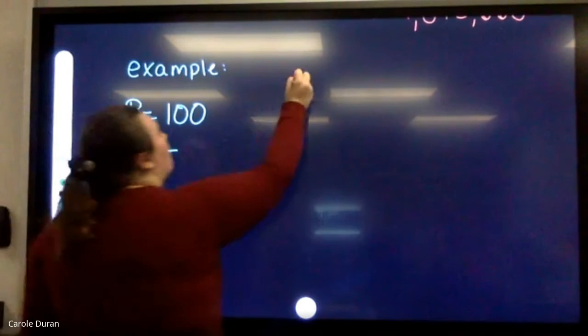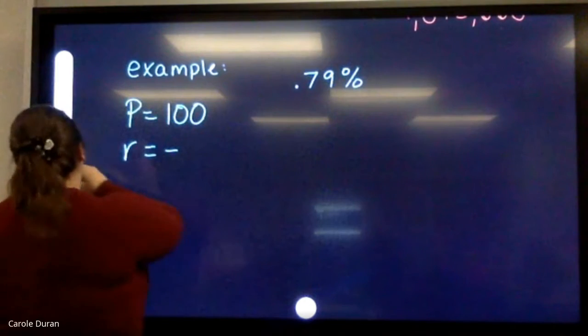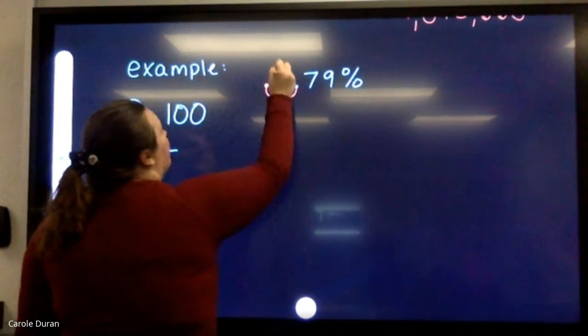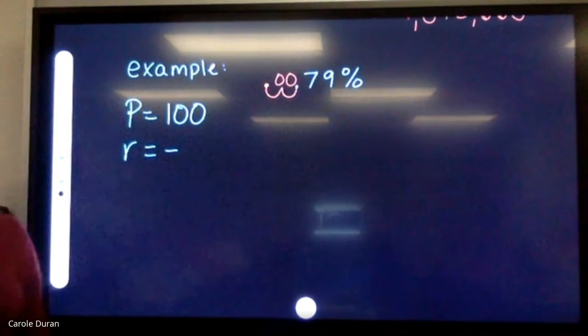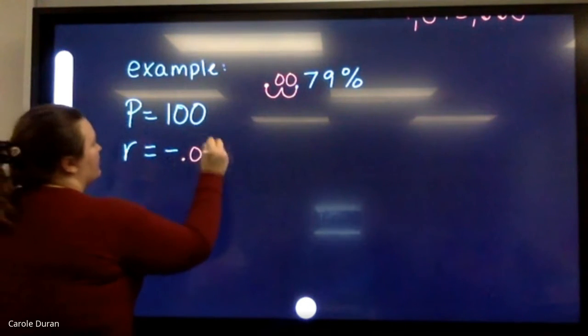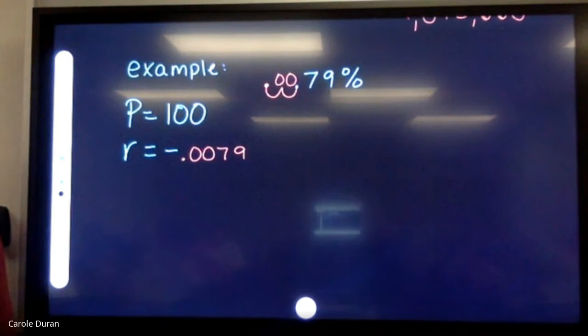So it told me it was 0.79%, which means to find the decimal, I need to take this decimal place and move it 2 places to the left, which means the decimal version of that is 0.0079. So it's negative 0.0079 as my interest rate. And then how long am I waiting to calculate the plutonium mass at? 88 years.